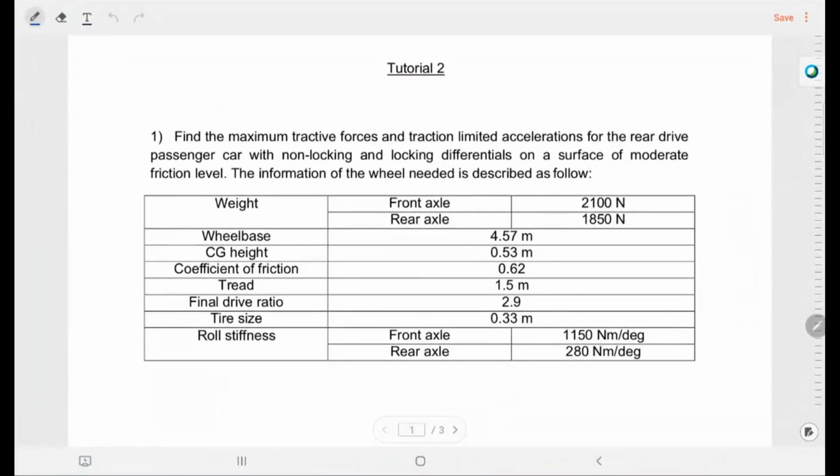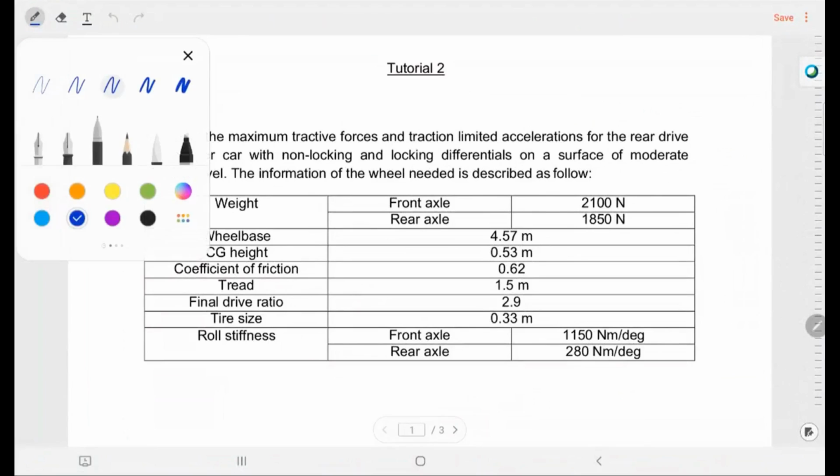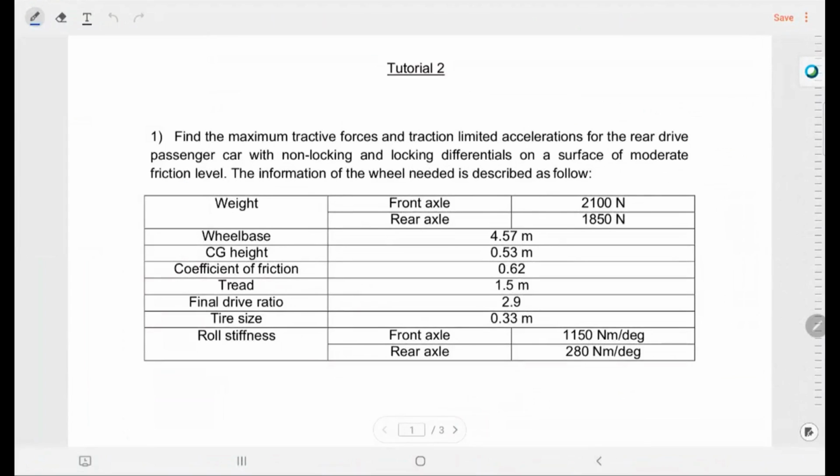Okay, based on this question number one, okay, we need to determine, dia dah bagi parameters ni, so you boleh macam weight ni, okay, dia punya simbol ialah simbol dia front axle punya weight, kita katakan WF, and then rear axle WR.